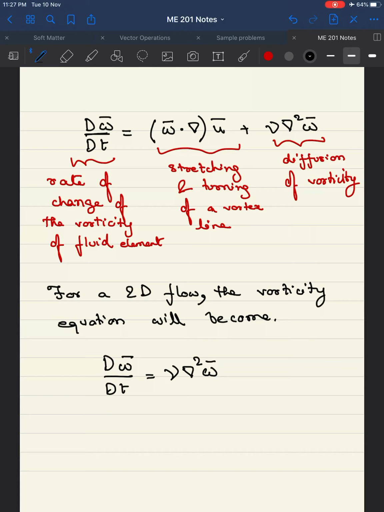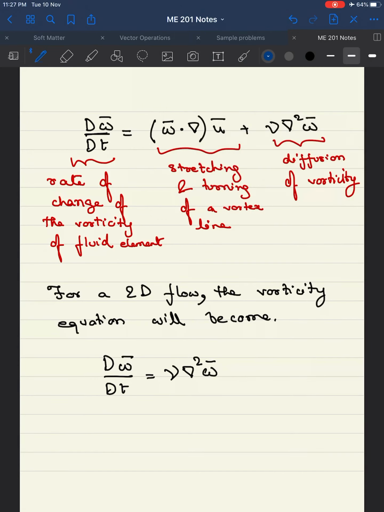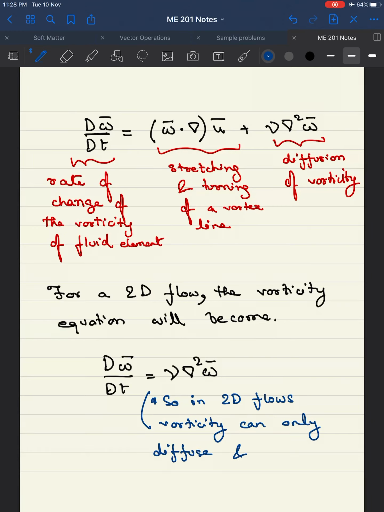So this means that vorticity can only diffuse and not stretch. So maybe I'll just make a note of that. In 2D flows, vorticity can only diffuse and not stretch.